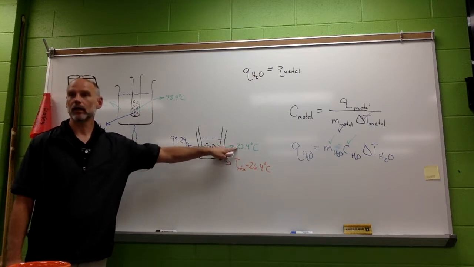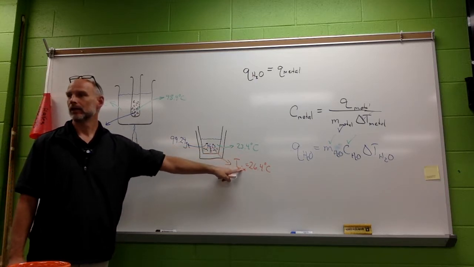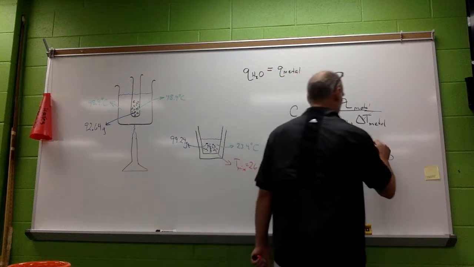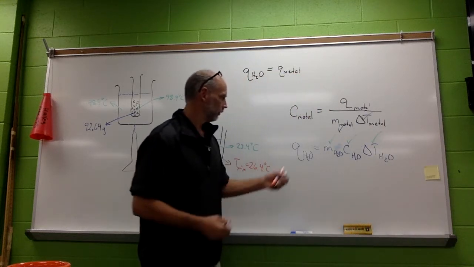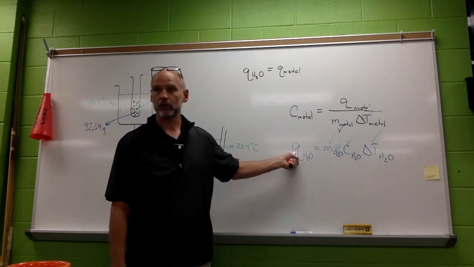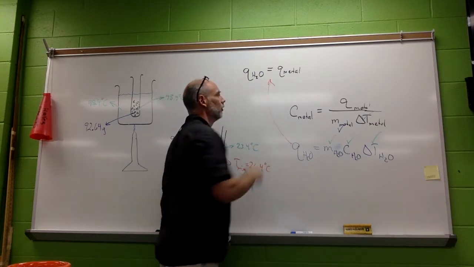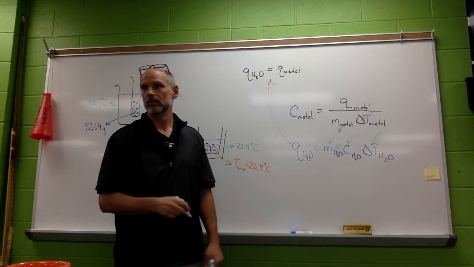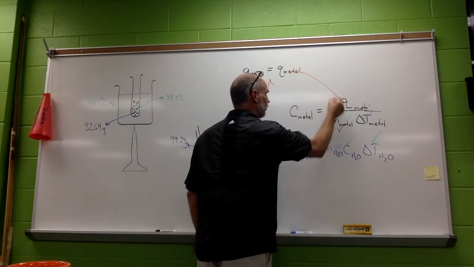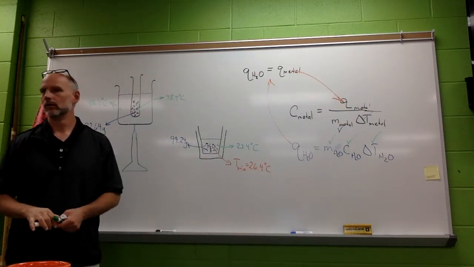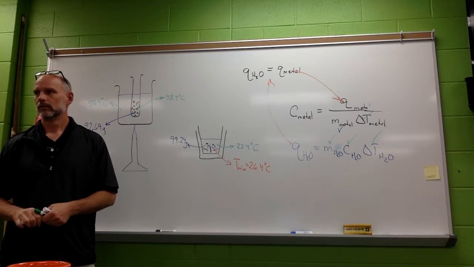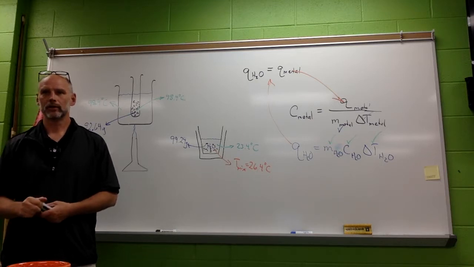It was originally here, now it's here. And so now we can find the amount of energy that the water gained, and because this is true, that's true. You see what I did there?